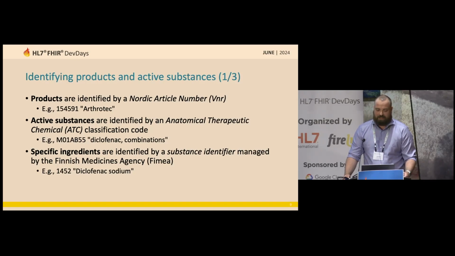And a particular thing to note about ATC is for combinations especially, it has this single code, which means that we also do have the specific ingredients that are identified by a separate substance identifier that point out, for example, in this case, the specific ingredient that we mean in this combination.